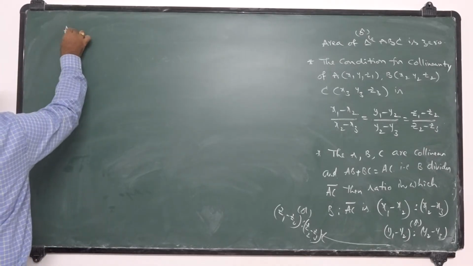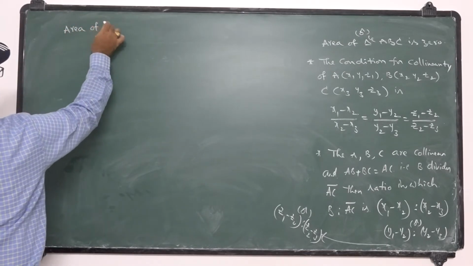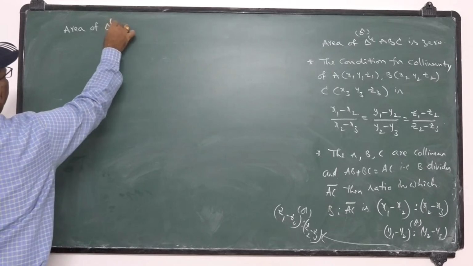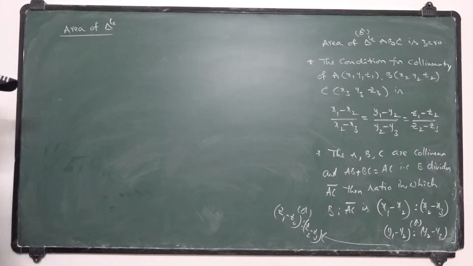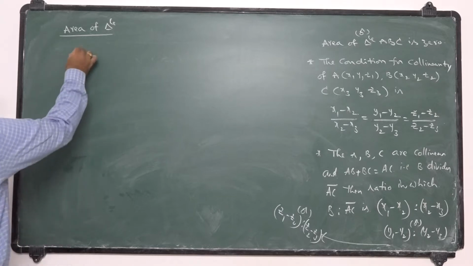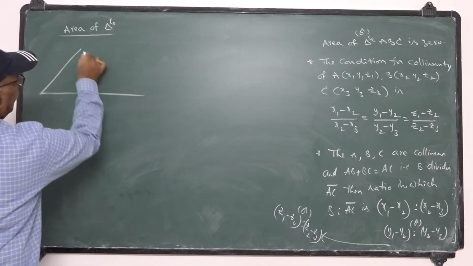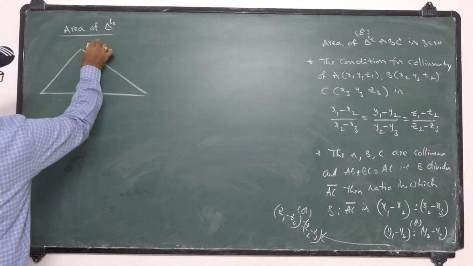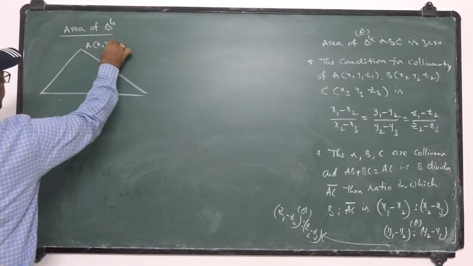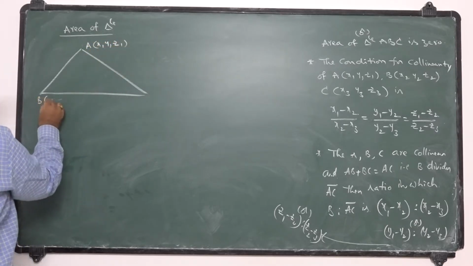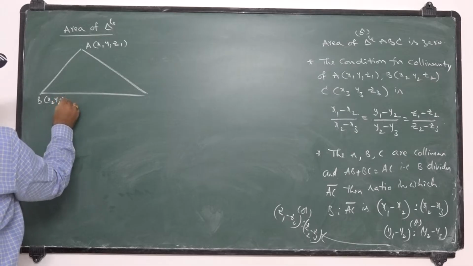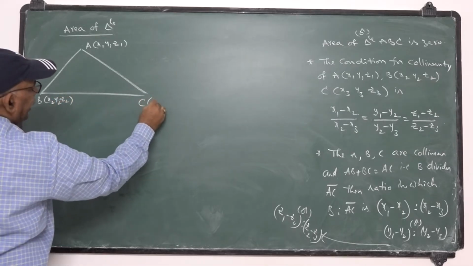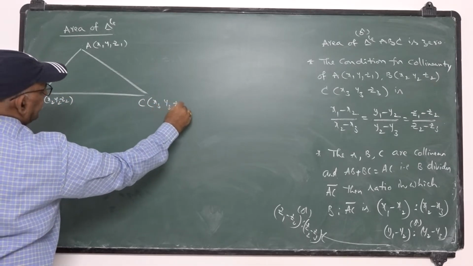This is one important concept, area of triangle. Suppose A is the point (x1, y1, z1), B is the point (x2, y2, z2), C is the point (x3, y3, z3).